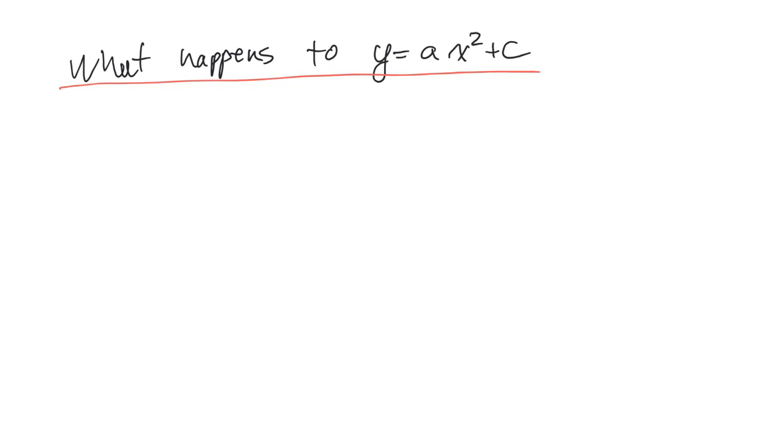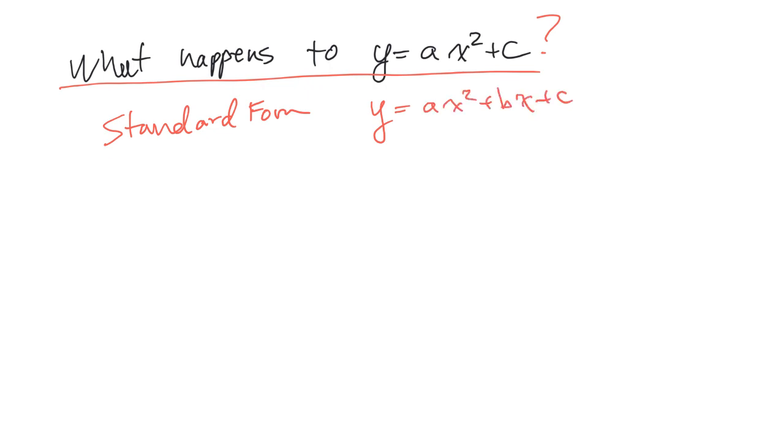So today's lesson is asking us what happens when our equation looks like y is equal to ax squared plus c. Now, you know from before that I told you the general form. Remember, we called this the standard form of the quadratic: y is equal to ax squared plus bx plus c, right?